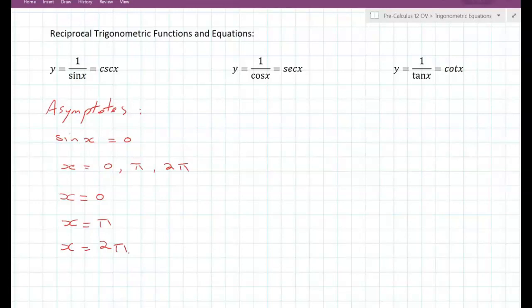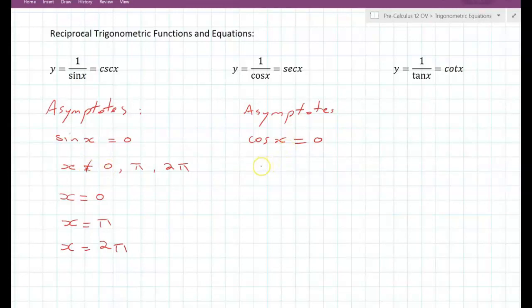Let's look at the cosine of x, and then the reciprocal of that will be the secant of x. So for the asymptotes or non-permissible values, again, let's look at cos of x equal to 0. By the way, these are values that x cannot be equal to, right? That's what we are trying to find out, the NPVs.